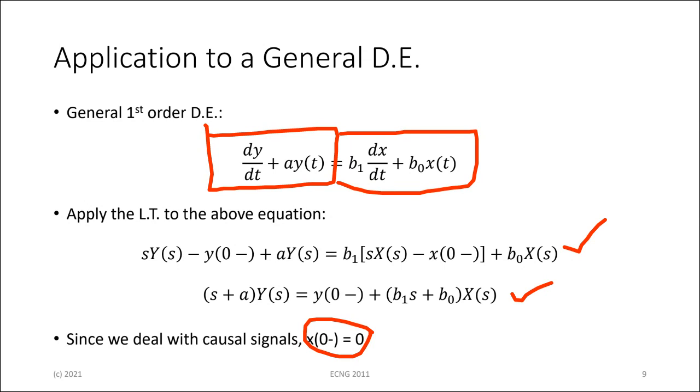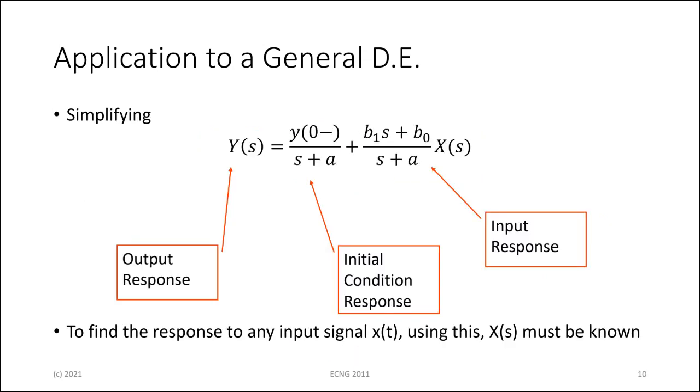You substitute above, and then you simplify. And then you get an overall expression. So you're now in the S domain, as we call it, or the Laplace domain. You've gone across to a different place now, the S domain.